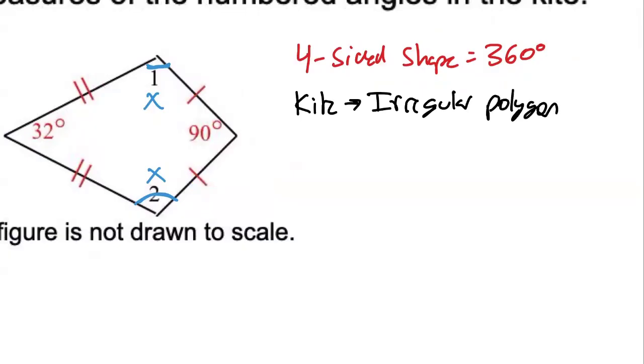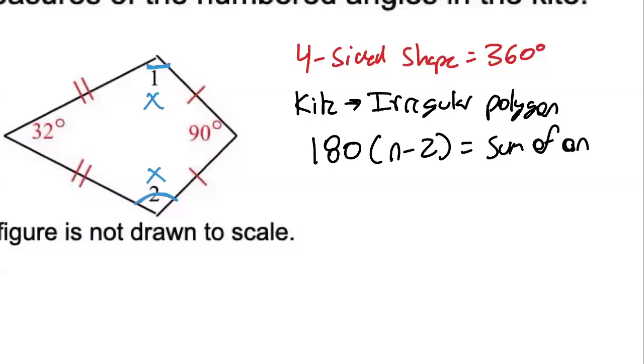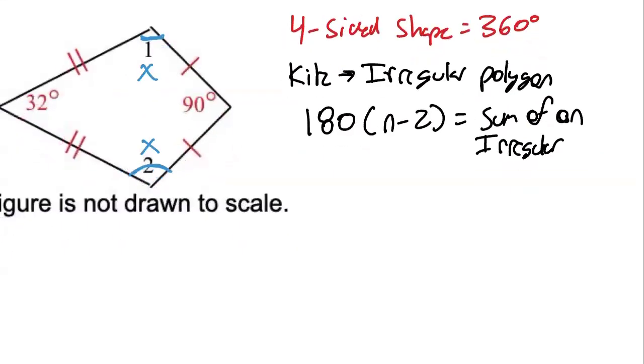So I can do 180 times n minus 2 to find the sum for an irregular polygon. If you don't remember that it is 360, you can just use the formula from yesterday. So 180 times 4 minus 2, because it's a four-sided shape, is 360 degrees.